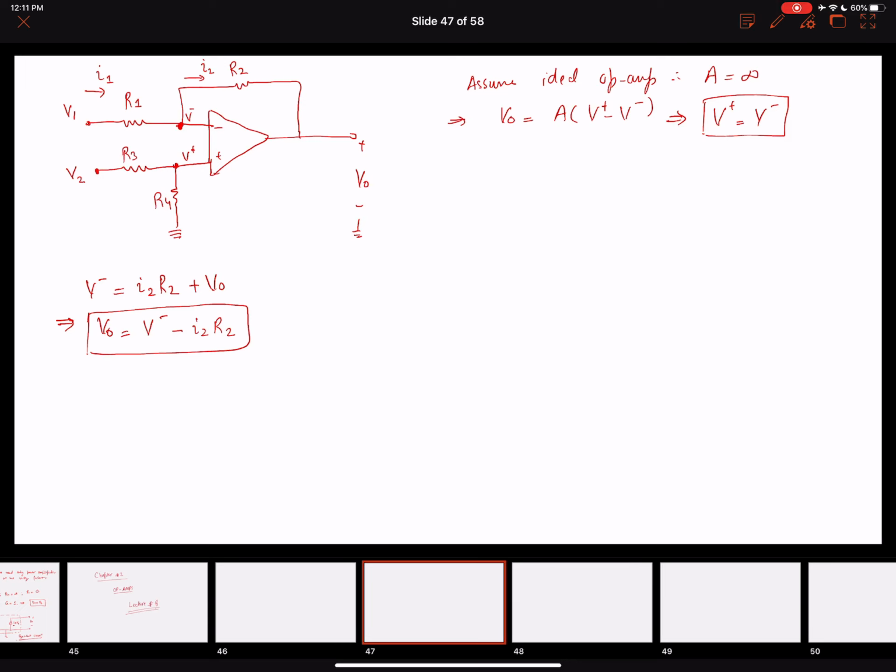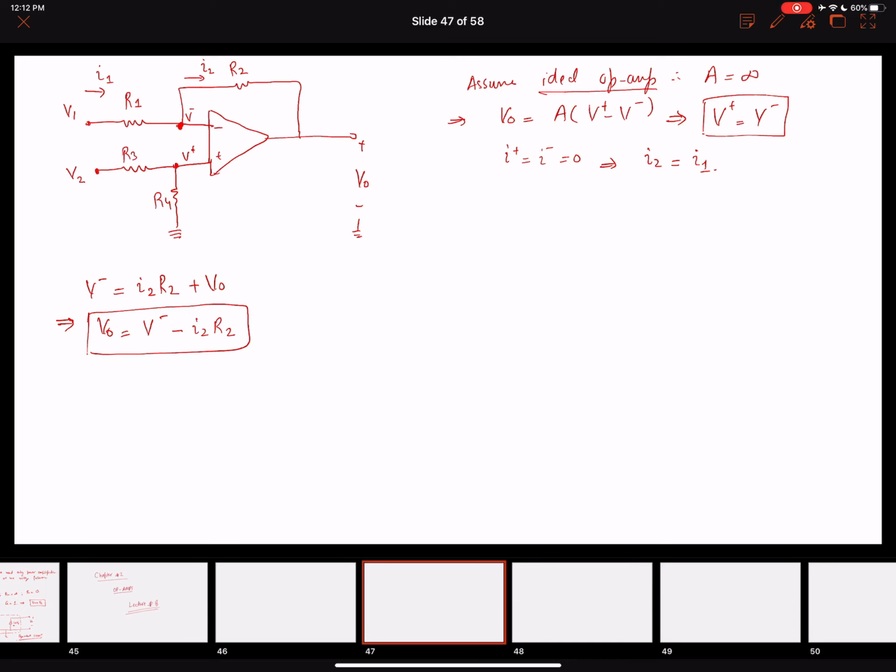And we know that this is an ideal op-amp, and I positive equals I negative equals 0. So I2 must be equal to I1.